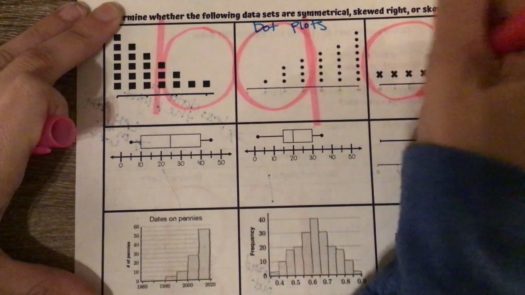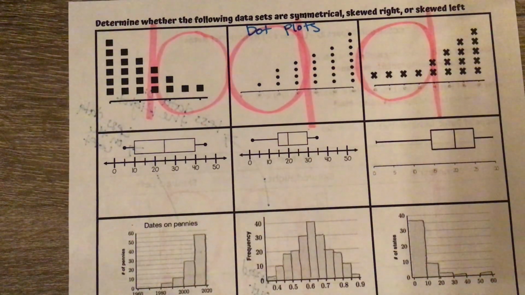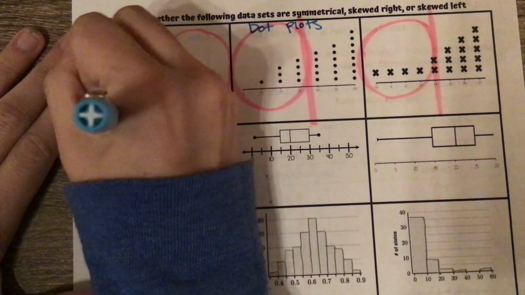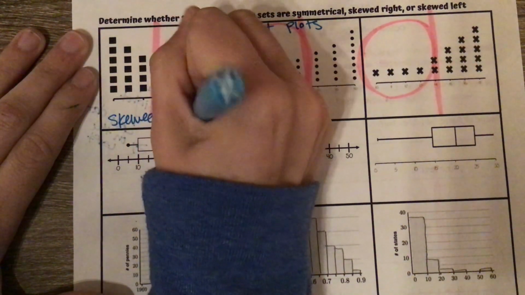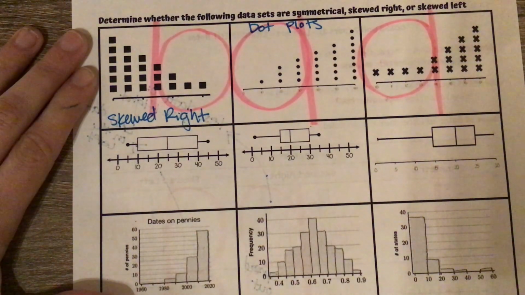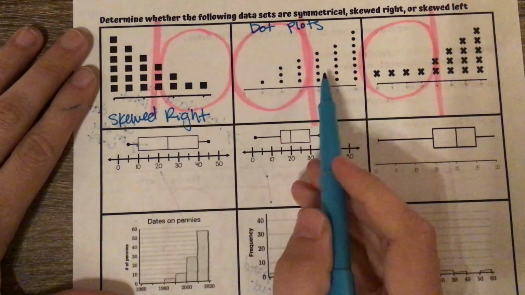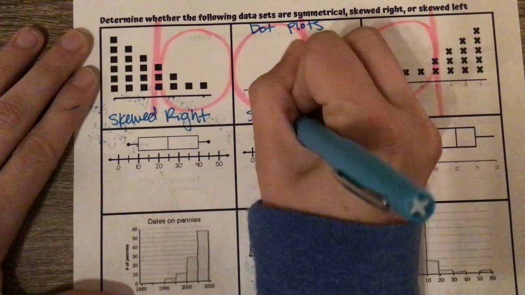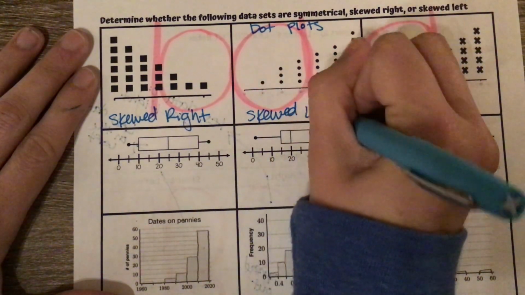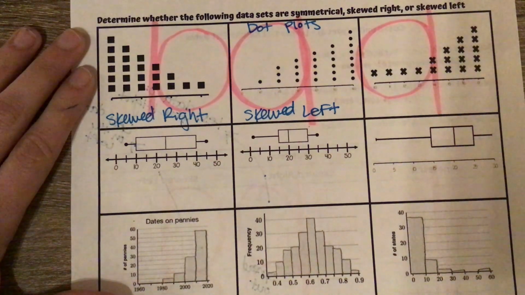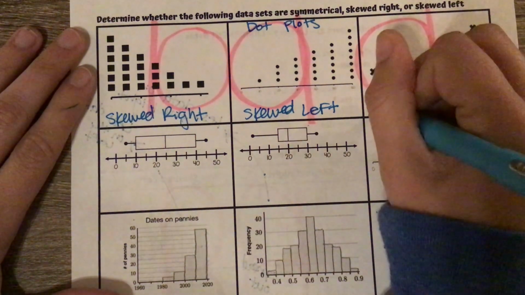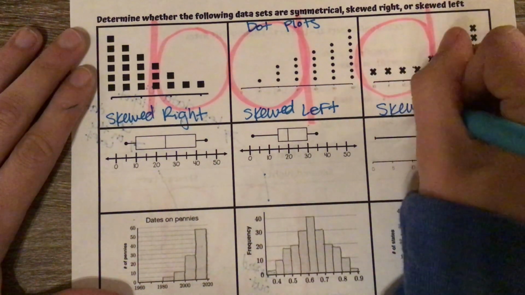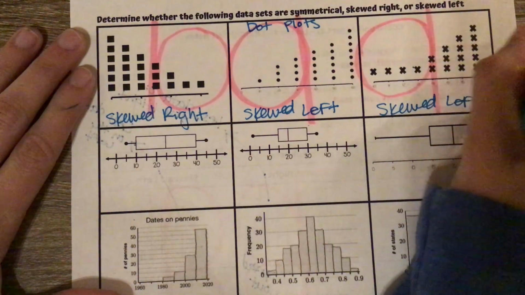Split this in half, less data here. The first one has less data on the right, so it's skewed right. This one has less data on the left, so it's skewed left. This one has less data on the left, so it's skewed left.